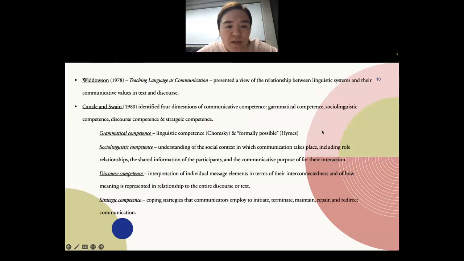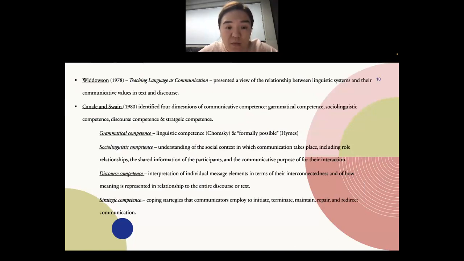So let's first start with grammatical competence, which is closely related to linguistic competence, which was established and explained by Chomsky, and the formally possible thing, which was mentioned by Hymes. Then sociolinguistic competence: understanding of the social context in which communication takes place, including role relationships, the shared information of the participants, and the communicative purpose for their interactions.